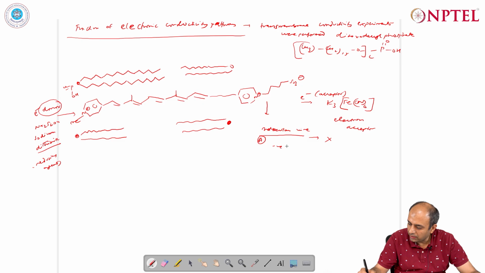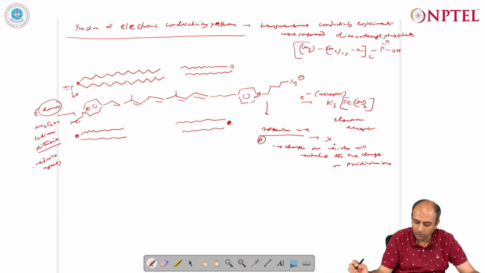So, the negative charges on the vesicles will neutralize the positive charges on pyridinium, and no conductivity will be observed.